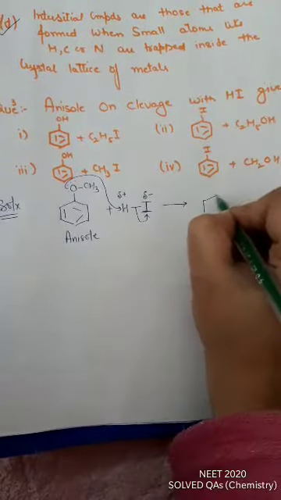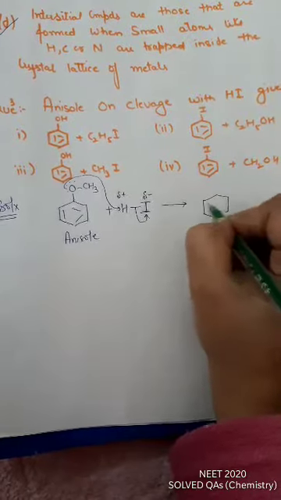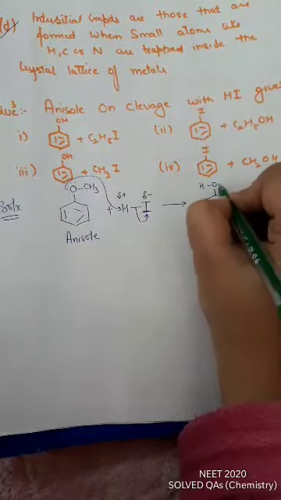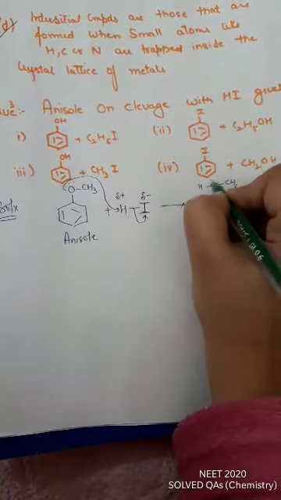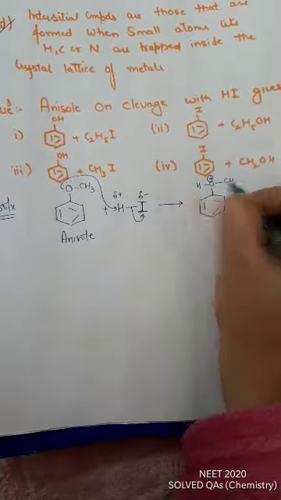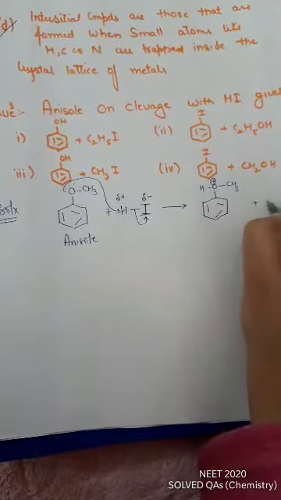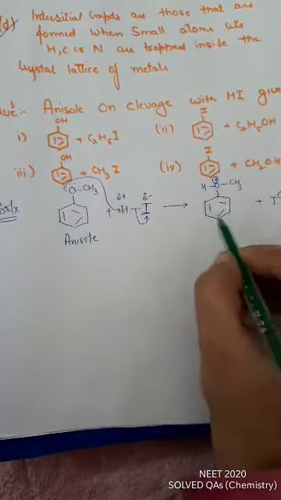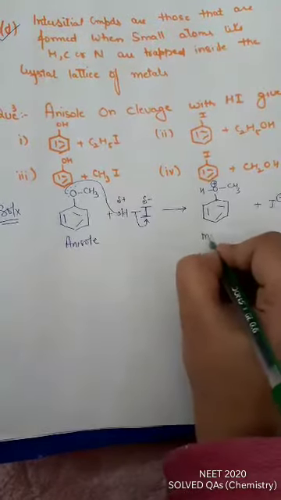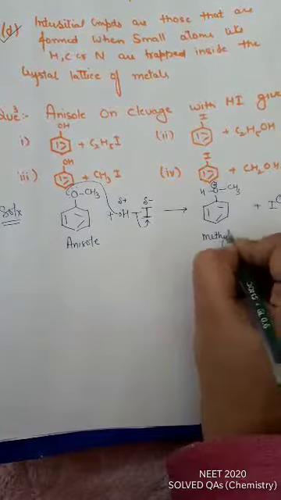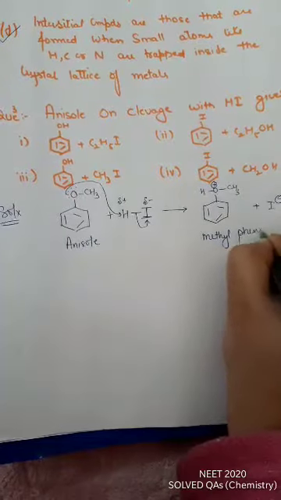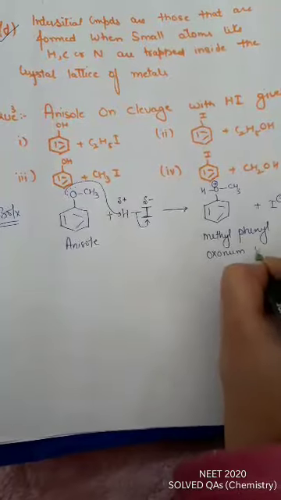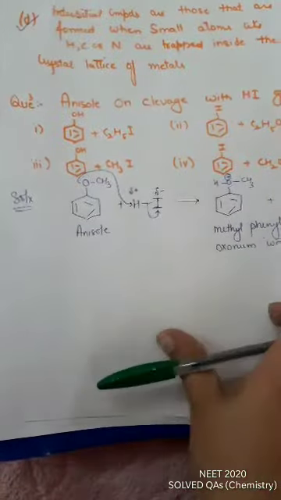So the product we form has OH CH3, with a positive charge on oxygen and one lone pair. This product is called methyl phenyl oxonium ion.